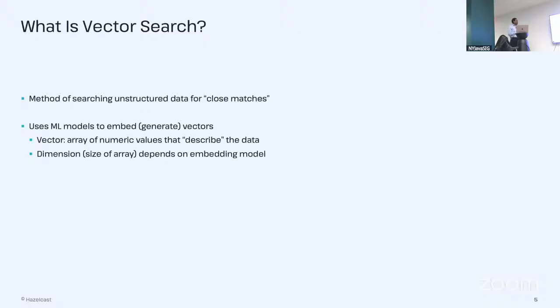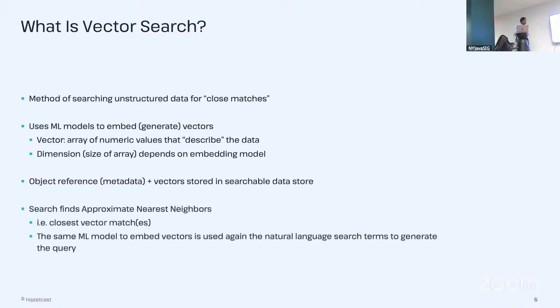So it's basically a method for searching unstructured and structured data. You can vectorize structured data as well. And it uses ML models to embed, to generate these vectors. Vectors are simply a number of dimensions that are represented numerically.